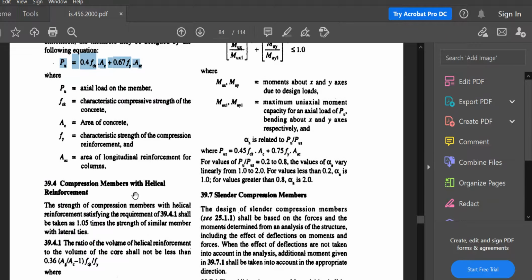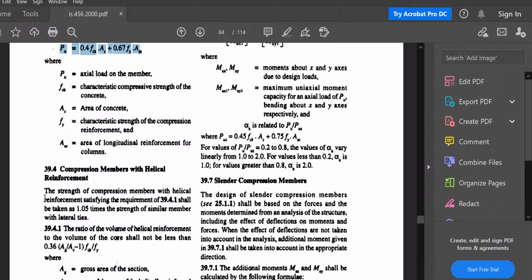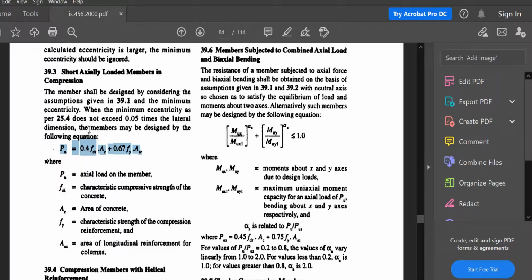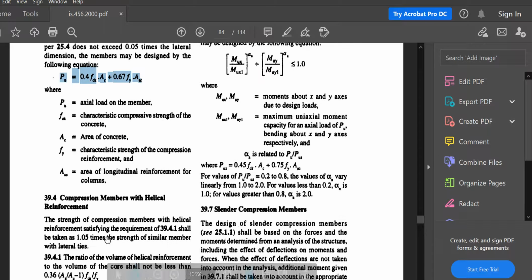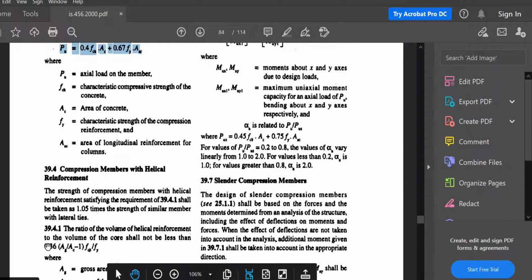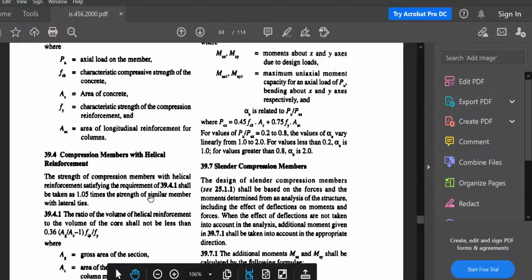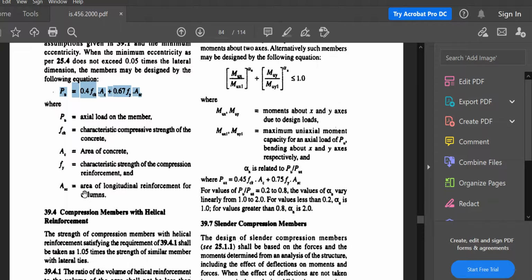Now, compression member with helical reinforcement. The strength of the compression member with helical reinforcement satisfying the requirements given in 39.4.1, we'll discuss that in detail, shall be taken as 1.05 times the strength of a similar member with lateral ties. So the strength of a member with lateral ties is this one.